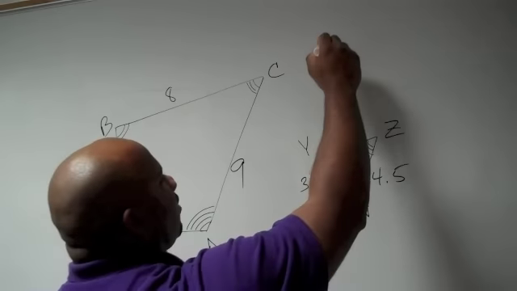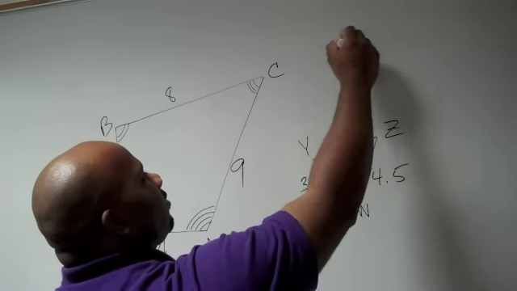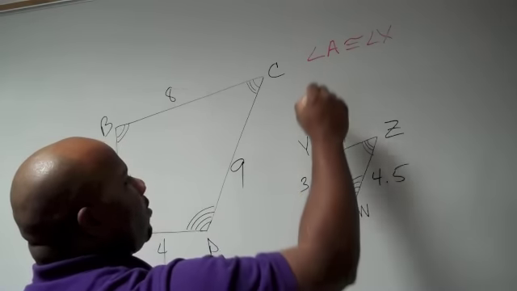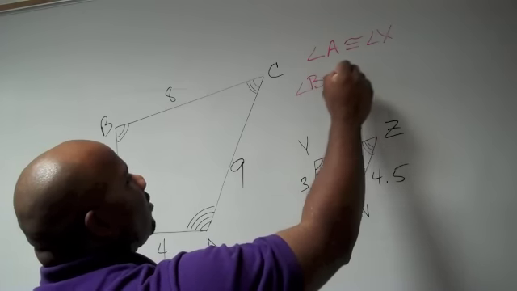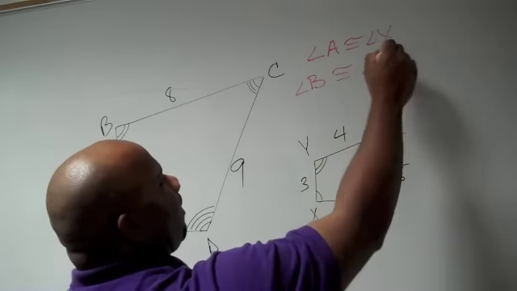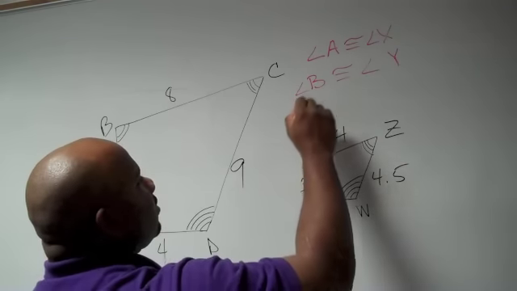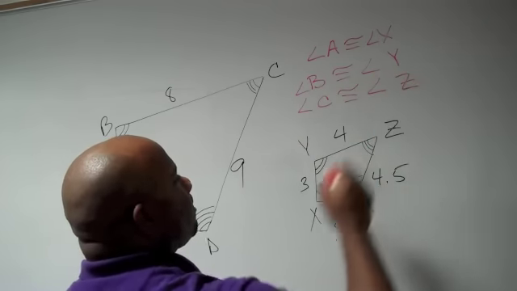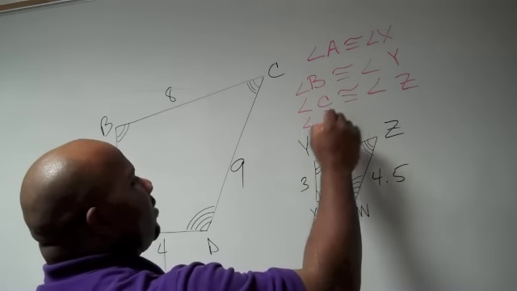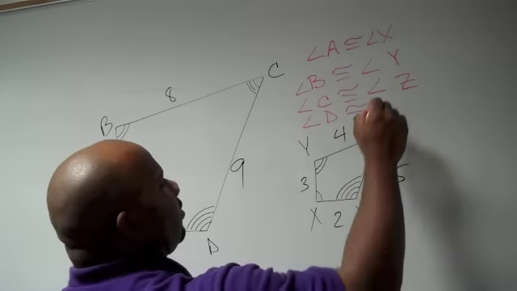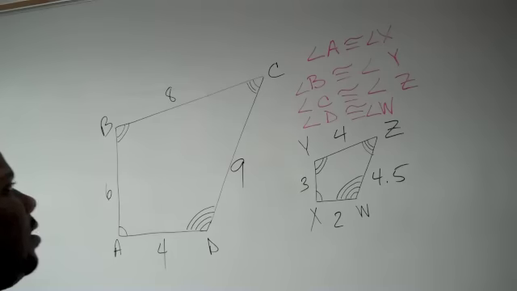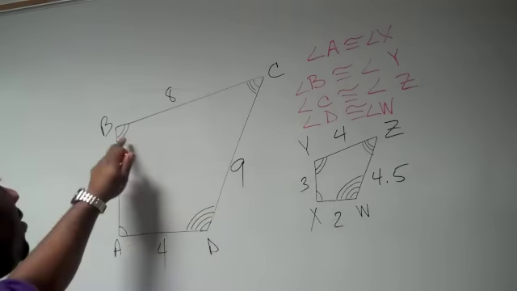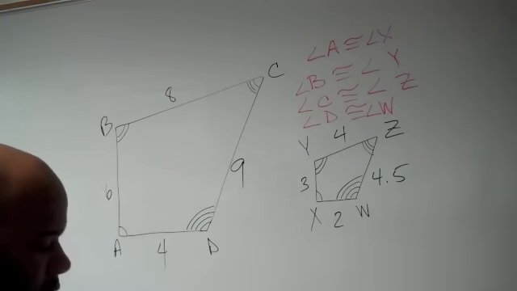So we have here A is congruent to X, B is congruent to Y, C is congruent to Z, and D is congruent to W. And we can tell because if we look at these angles, the number of bars represent that this is the same angle as that, that's the same as that. So we just have to pay close attention to that.